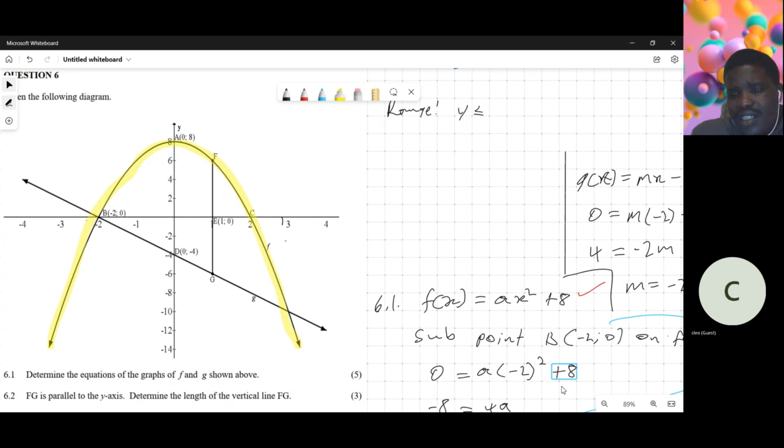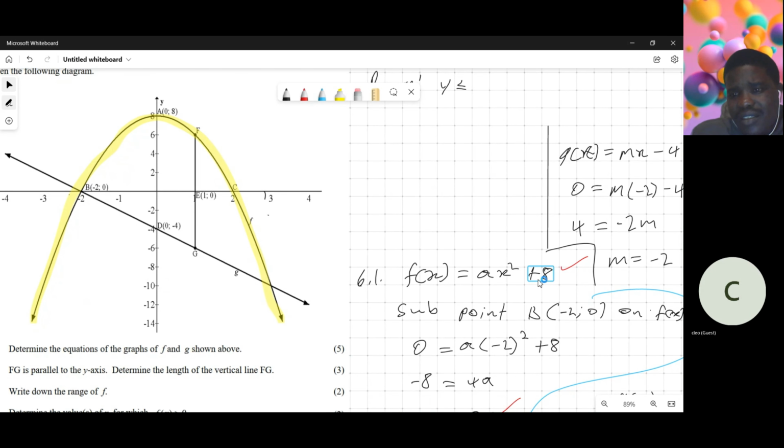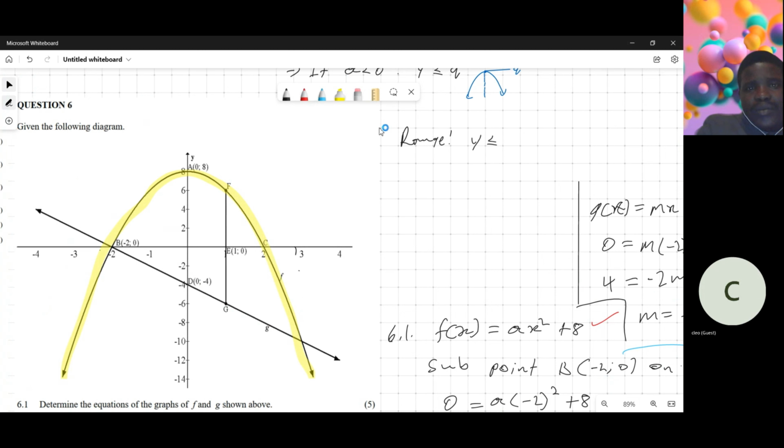I don't see negative 8. I see positive 8. So q is what? It's positive 8. So the range will be y less than 8.